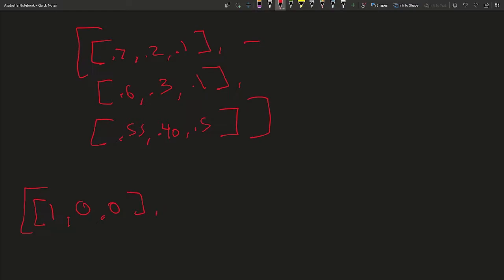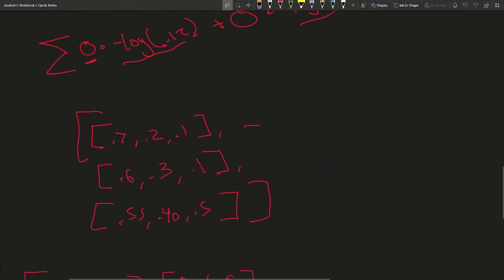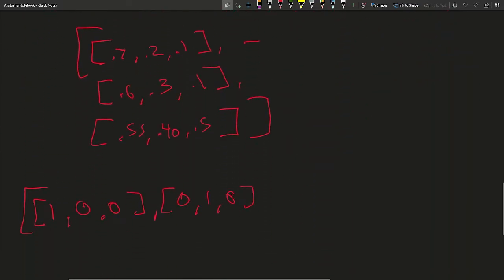Maybe for the second input, right? The image wasn't a dog. It was maybe a cat, right? So maybe the image was a cat. So the one hot encoded vector would look like this, a 1 in the middle, right, where the cat index is. So maybe that's the second one hot encoded vector.